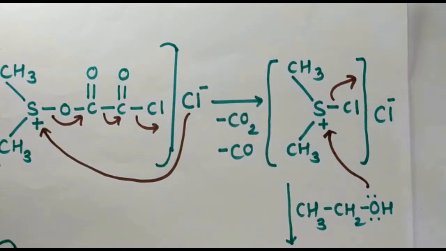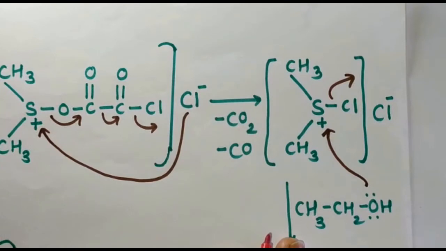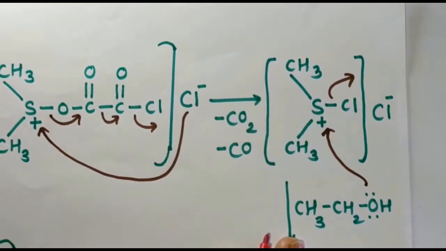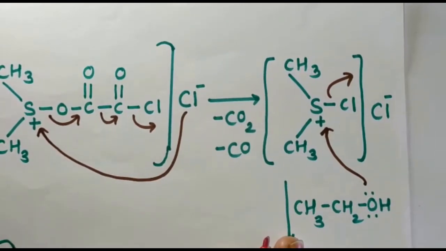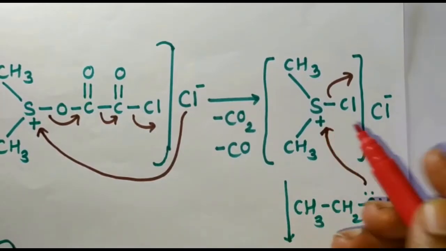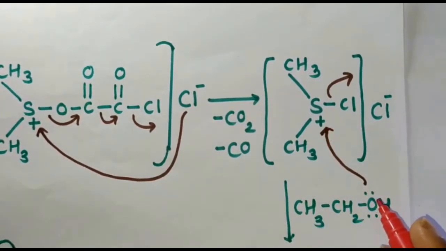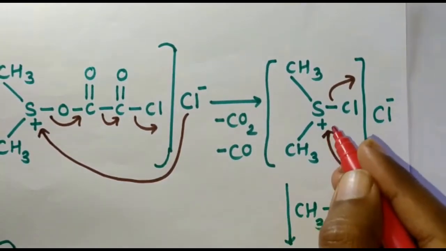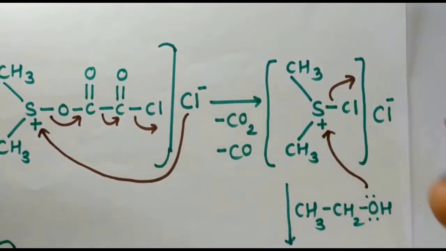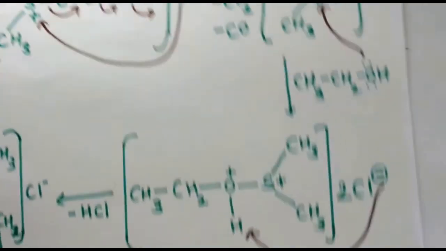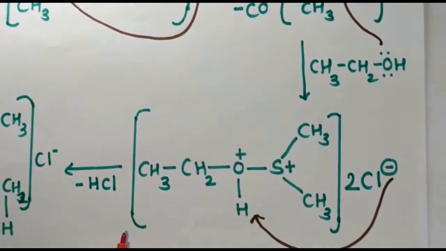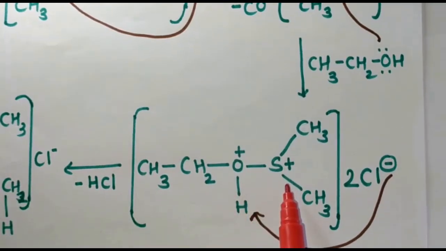The electrons are present in the alcohol. The two lone pairs of electrons are present on the oxygen of the alcohol. So this will act as a nucleophile, and this sulfur acts as an electrophile. So this lone pair of electrons attacks this sulfur atom, and the chloride is removed. So here you can see that two chlorides are present, and this alcohol group now gets attached to this sulfur atom.